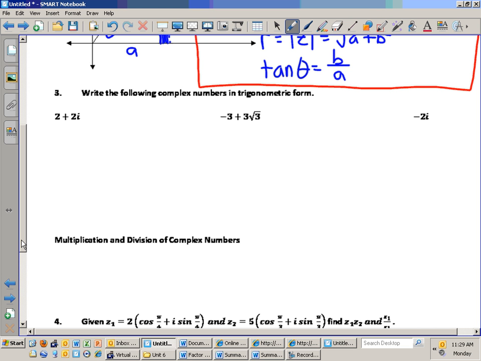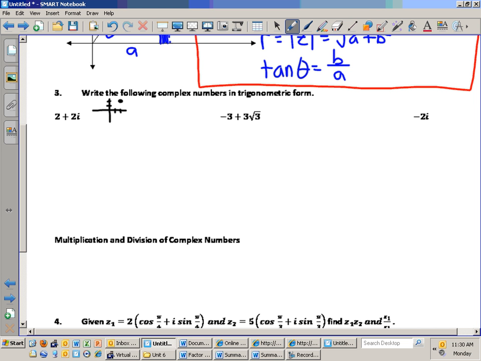Write the following complex numbers in trigonometric form, okay? I just want you to think through this really quick. If we were to look at these as 2 axes and label them as quadrants, 2 plus 2i, which quadrant would I be in? 1. So over 2 and up 2, I'd be right here. So my angle should be between what 2 degrees? 0 and 90.